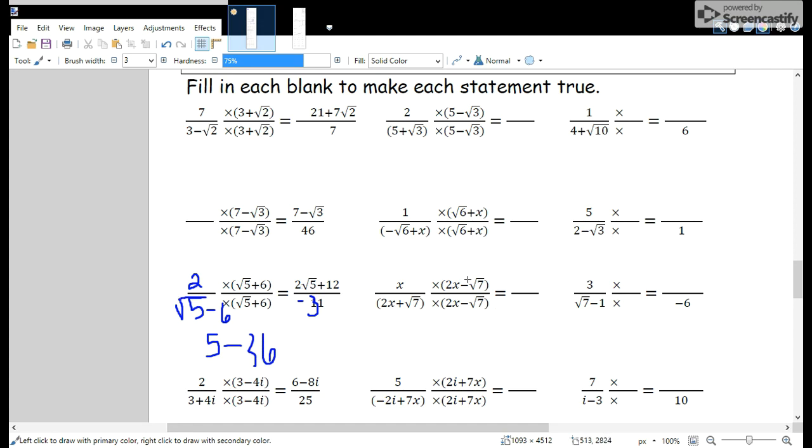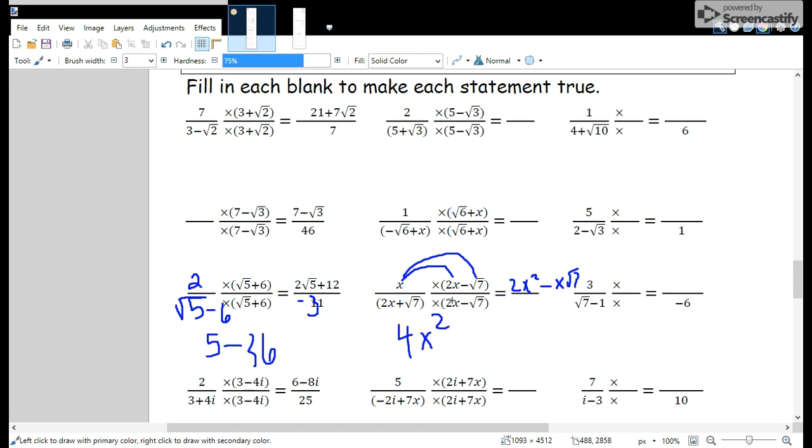Okay, let's do the next one. Multiply each term by x for the numerator. So 2x squared minus x square root 7. And then the other one, we have the conjugates, so it will be the form a squared minus b squared. 2x times 2x is 4x squared.